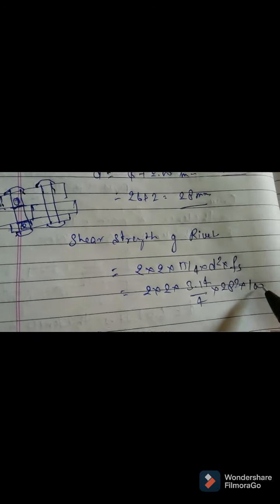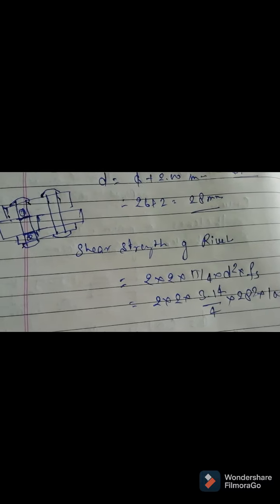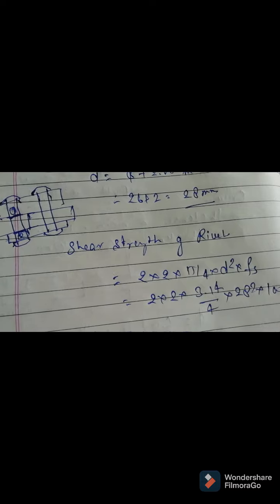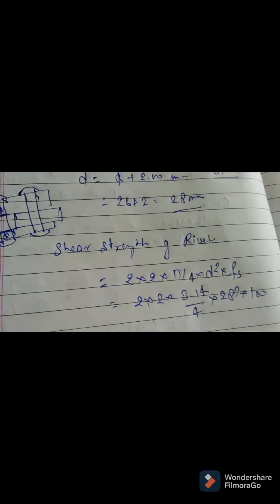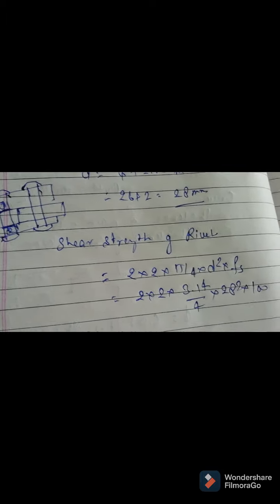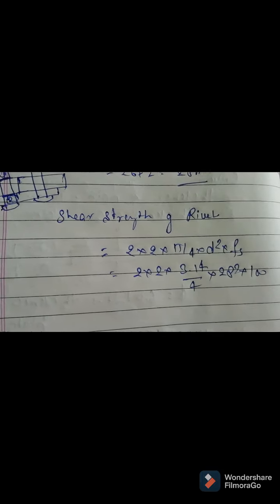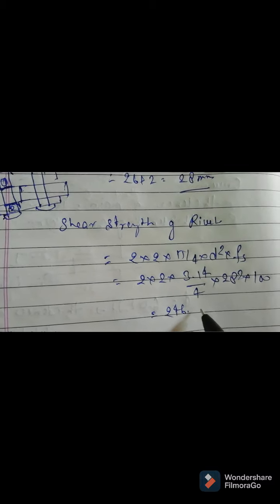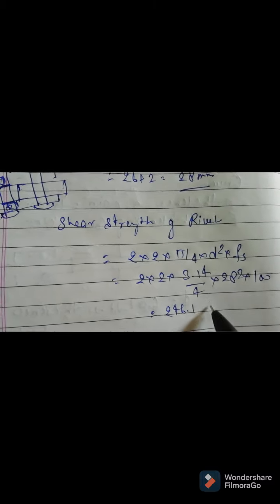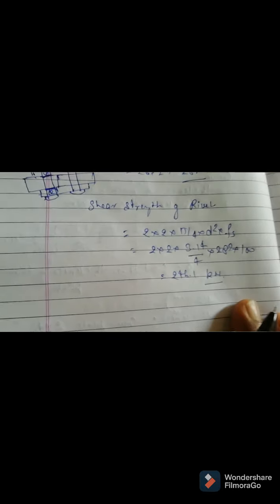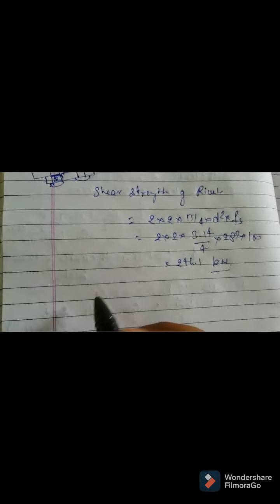So you can calculate 2 into 2 into 3.14 into 28 square into 100 by 4. The answer is 246.1 kilonewton. Now we are going to calculate the bearing strength.